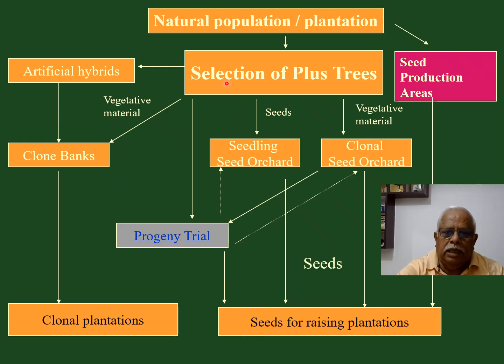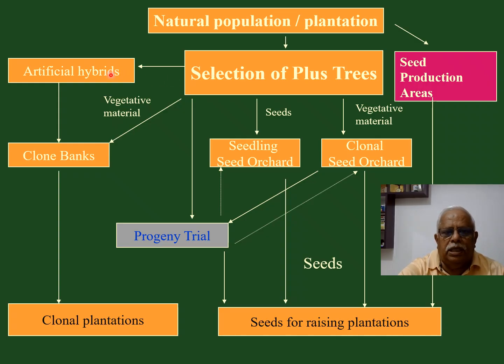The same plus trees we can use for production of artificial hybrids. We take two individual trees and allow them to mate. We do controlled crosses and produce artificial hybrids.